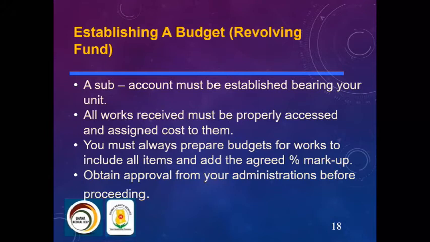But if you are working in the hospital, all accounts are under the medical director or medical superintendent, and you can't have your own account. But this sub account that will be given to you, you operate it and you monitor it. You make sure that that account is monitored properly by you, because there will be an account officer you'll be working with.